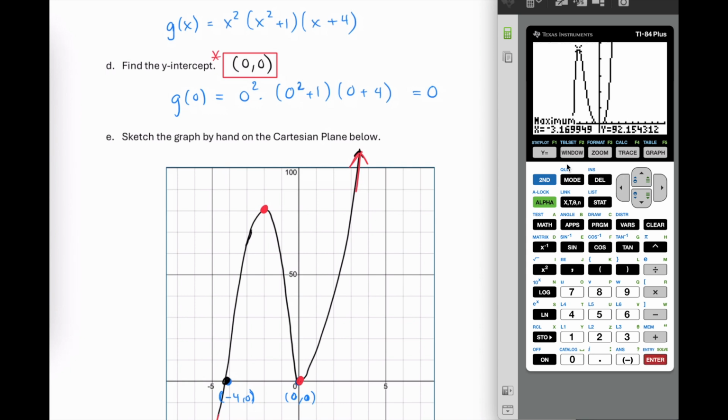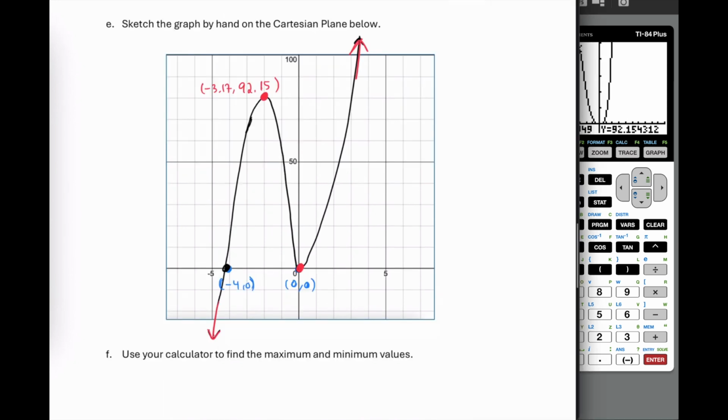So now it says that our maximum value is negative 3.17, we'll round to 2 decimals, with a y value of 92.15. So we'll label that point on our graph and then use that to answer these remaining questions.